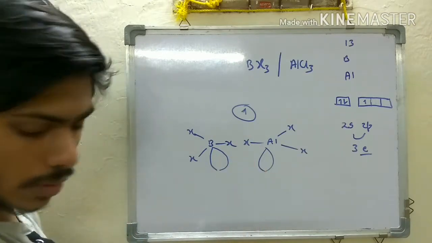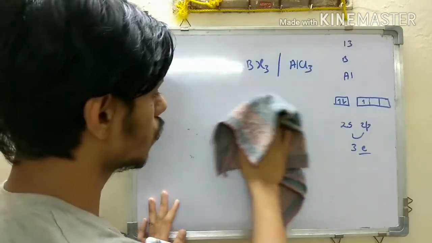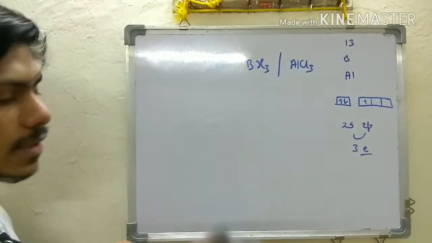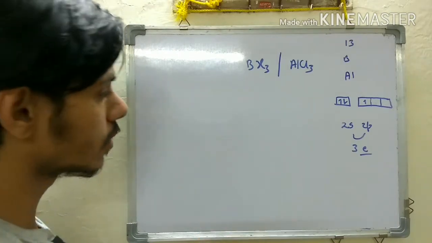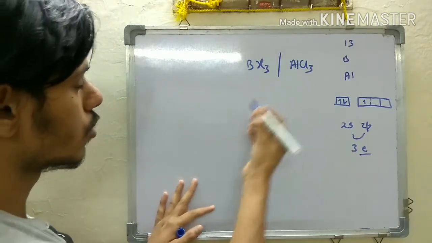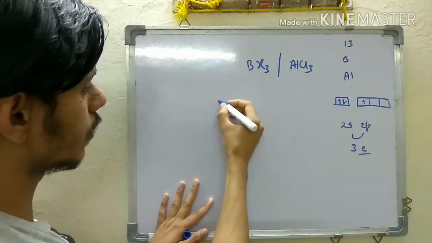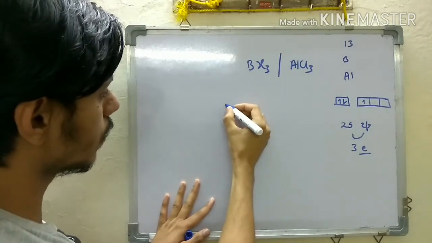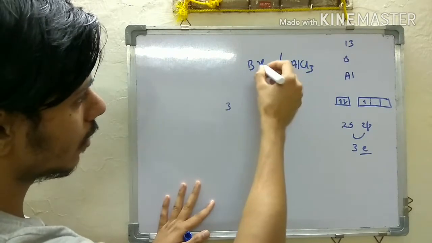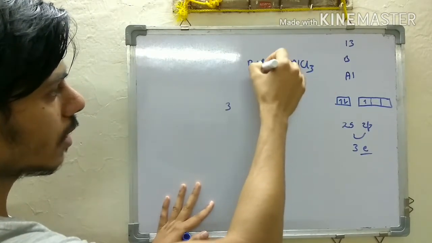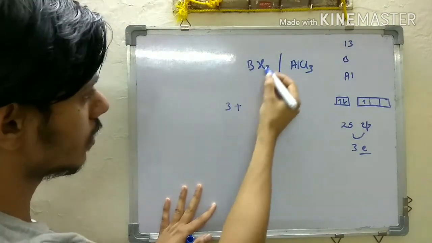So first of all, if we want to elucidate the structures of these two Lewis acids, we have to use our VSEPR theory, and I will use the shortcut which I discussed in my other video. The shortcut is you have to count the electrons in the central atom. Each central atom contributes 3 electrons from the valence shell, and these substituents are monovalent, so each will contribute 1 electron, and that's why 3 will contribute 3.